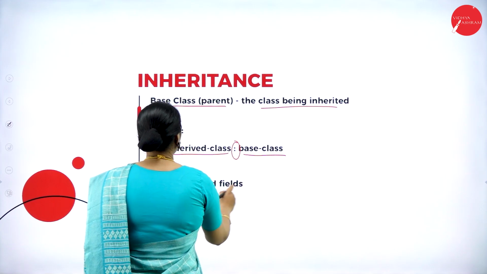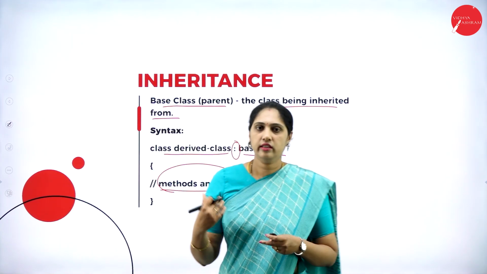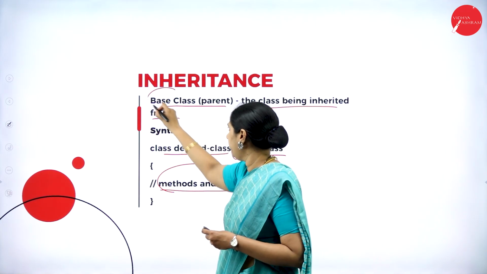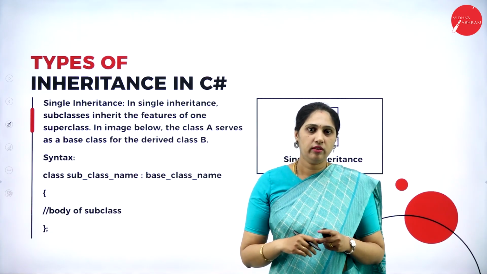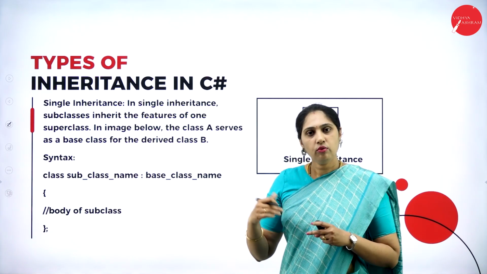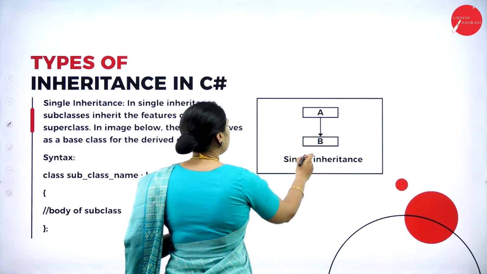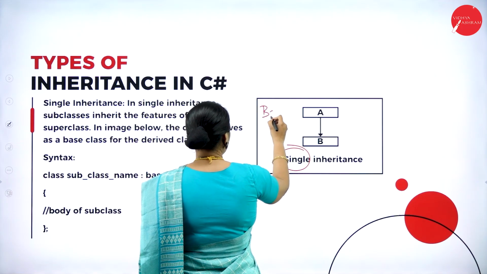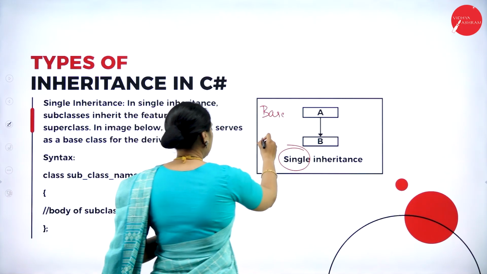So these are the methods and fields. You can write your own methods in the derived class and the other methods will come from your base class. So inheritance is over, but what are the types of inheritance? You have many types. The very first is single inheritance. What is single inheritance? If A is my base class, then B is what? Derived class.